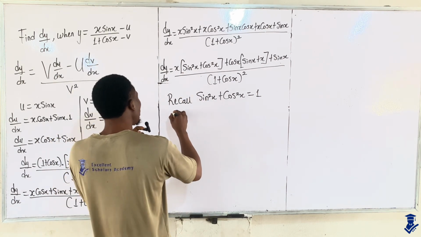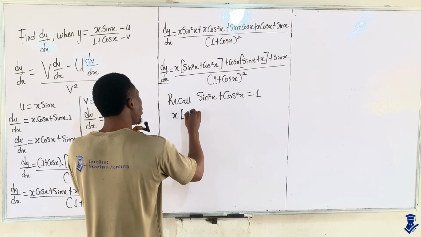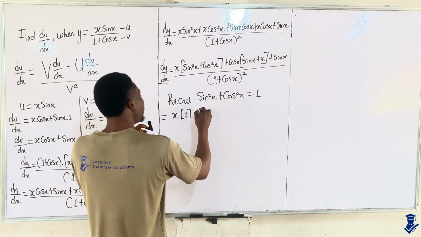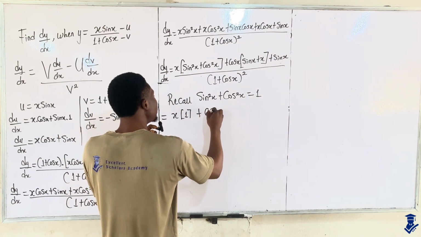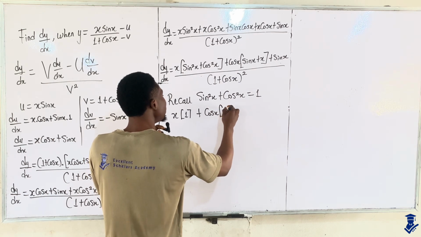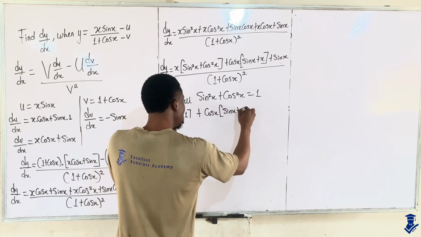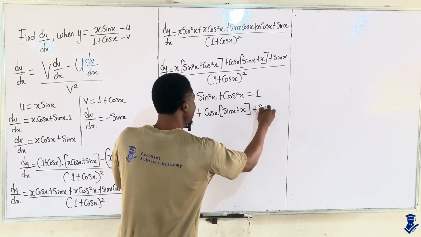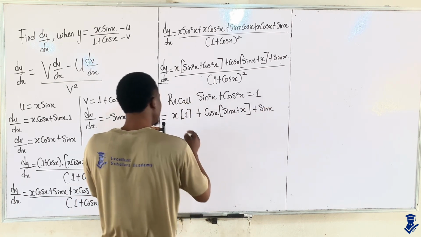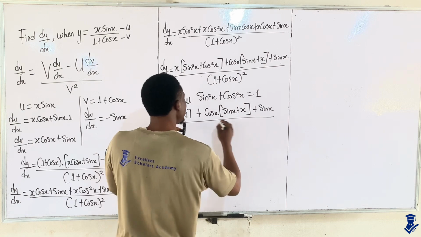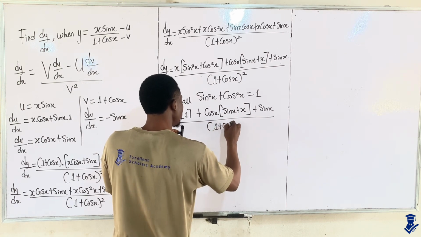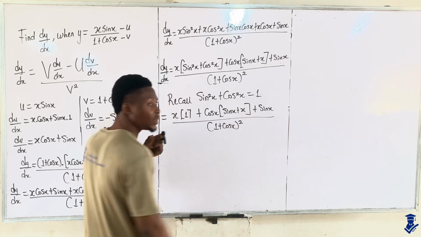So it's going to become what? X multiplied by 1. All right. Plus what? Cos x into what? Sine x plus x. All right. Plus sine x. All right. Now, all over what? 1 plus cos x all squared.